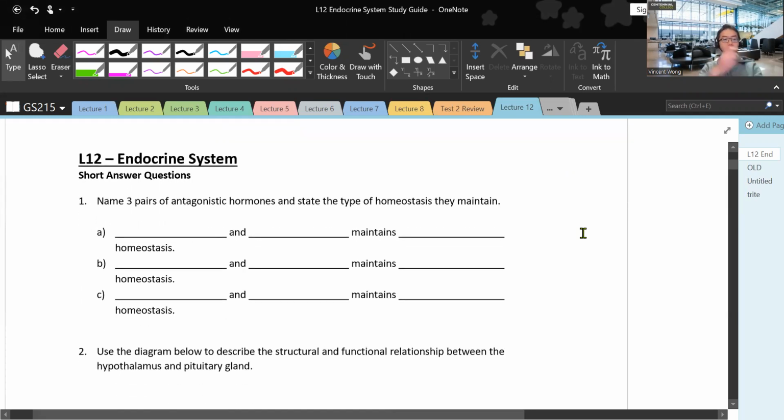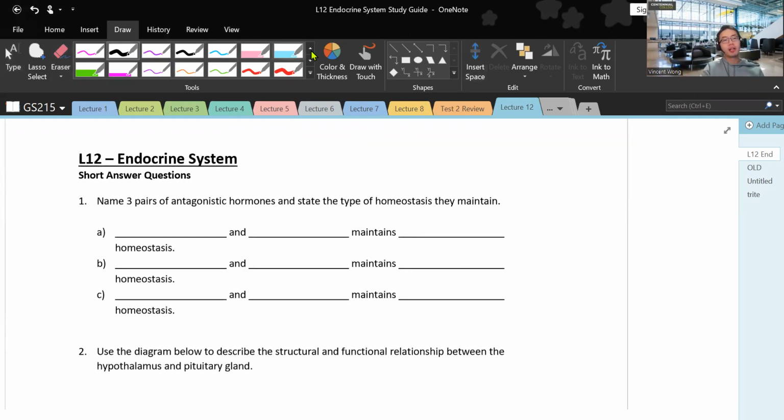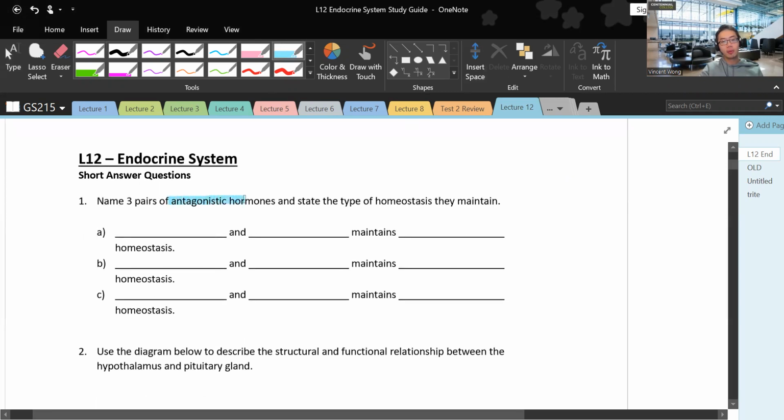First question here, we are asked to name 3 pairs of antagonistic hormones and state the type of homeostasis they maintain. So we have actually been learning a little bit of hormones as we went along in Unit 3. And one of the first pair of antagonistic hormones that we learned was in the urinary system, right?